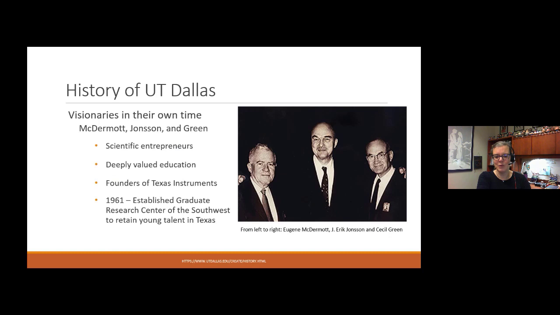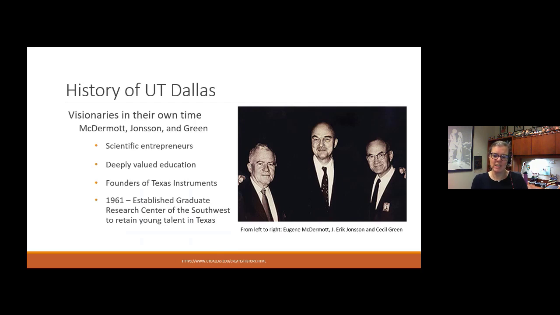Thanks. So what we've got here is a picture of our founders. If you have not been on campus yet, and probably you have not, you will see we have many buildings named after these 3 gentlemen here. You can see they're the founders of Texas Instruments.